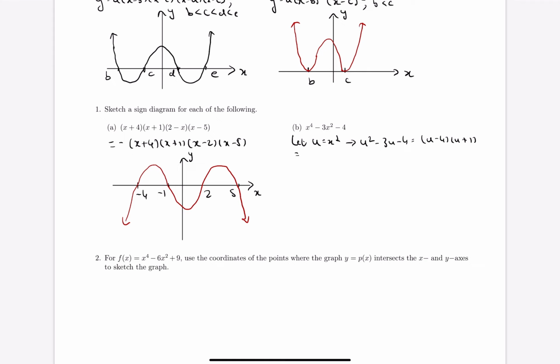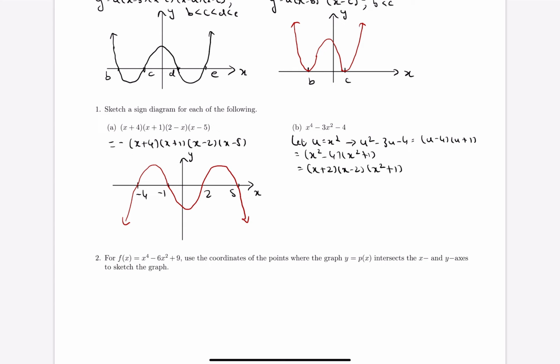So we're going to turn it back into (x squared minus 4)(x squared plus 1). And then once we've done that, we can use the difference of squares to turn x squared minus 4 into (x plus 2)(x minus 2)(x squared plus 1).